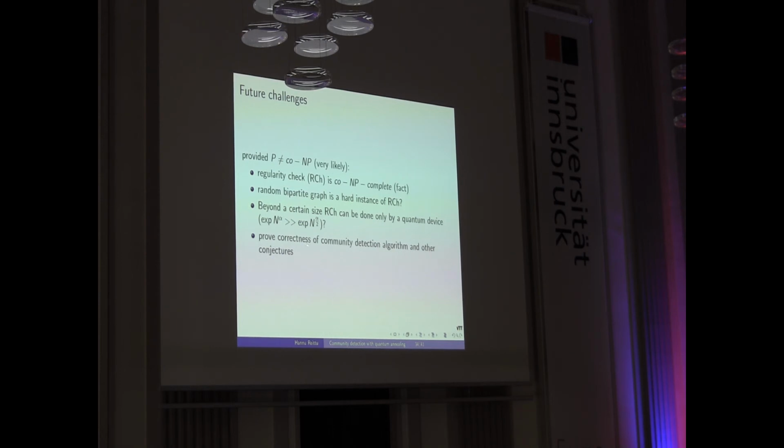And also there are several conjectures in this community detection algorithms and others that probably we will go on. So is my time up? Okay, if it's time, I can show the appendix.